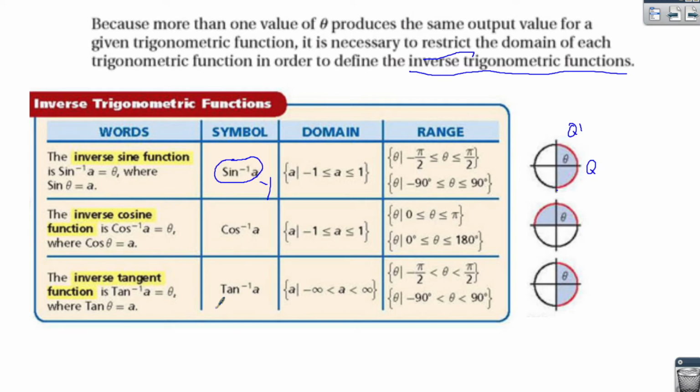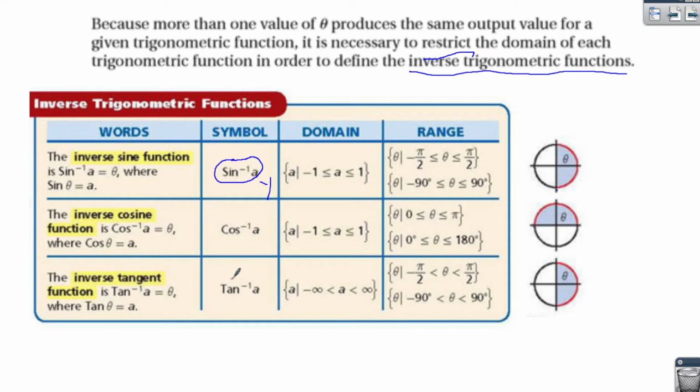All right, so let me remove the quadrants, but just so you know what locations I'm describing. For cosine, uppercase C, this time you're narrowing it down to these two top quadrants. Let's refer to them that way, two top quadrants.